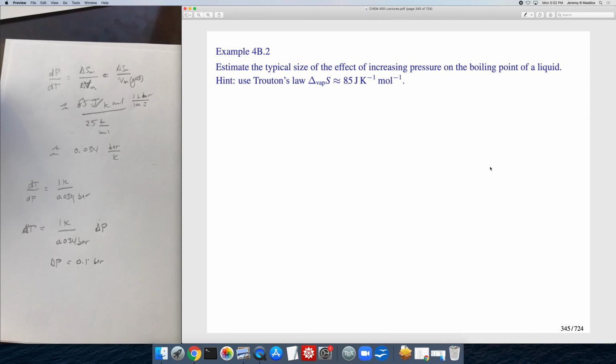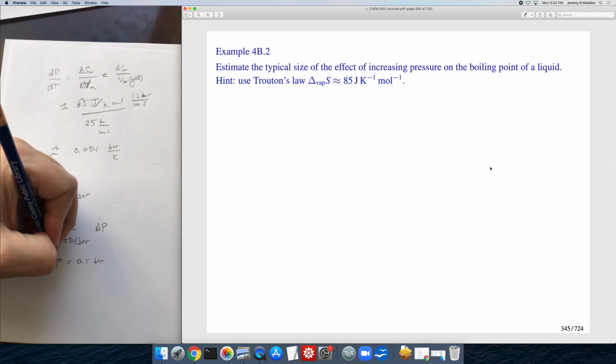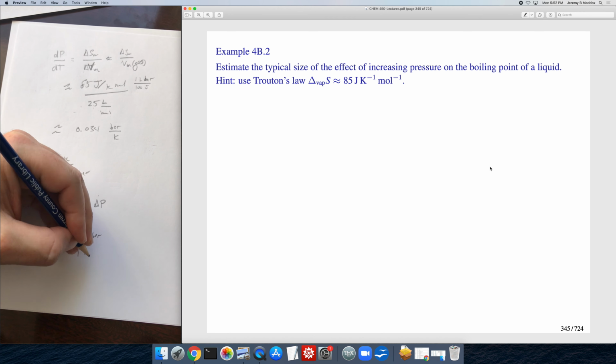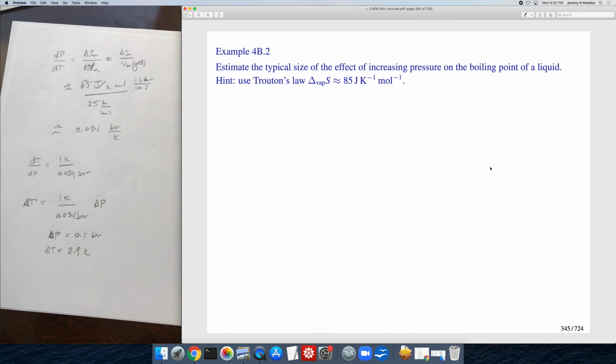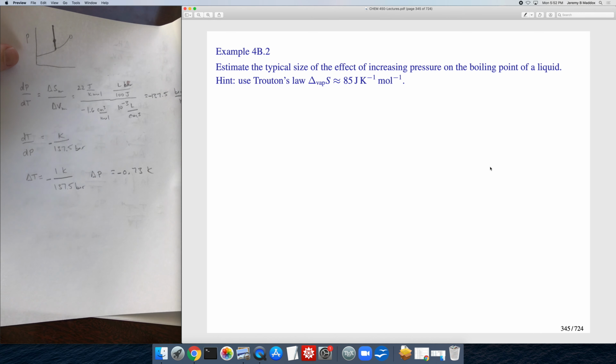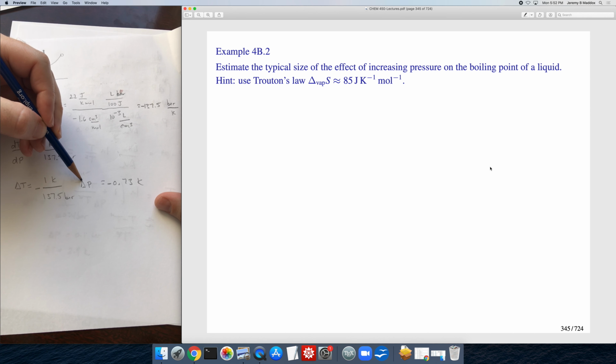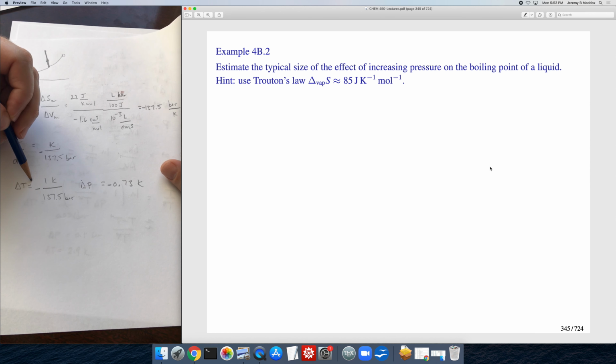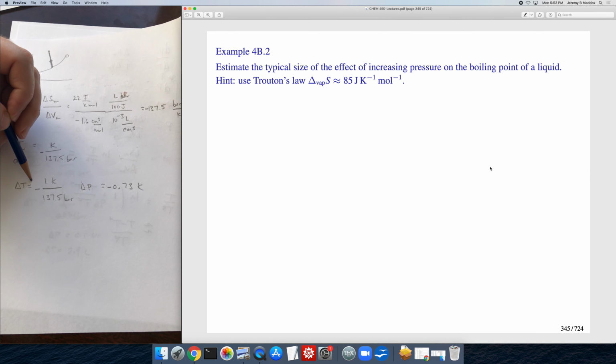That's not a very big pressure change, right? Especially compared to the last problem. So 0.1 bars, we get a delta T of 2.9 Kelvin, compared to the last problem where our delta P was 100 bars and the temperature change was only minus 0.73. So what these two problems illustrate is that the change in the melting point of a solid is not influenced very strongly by pressure.